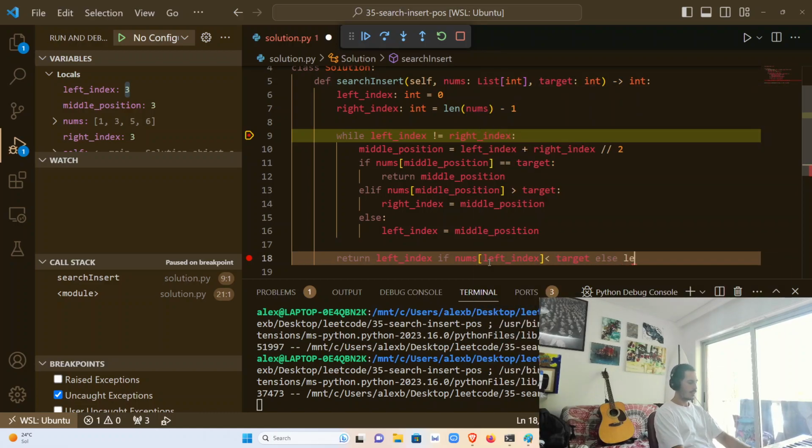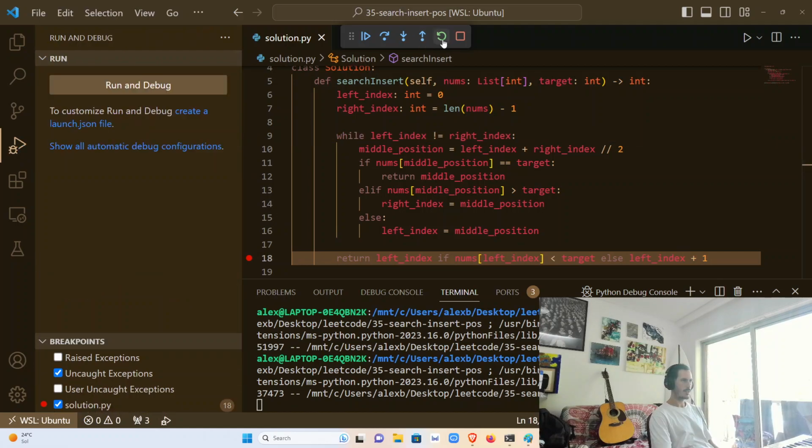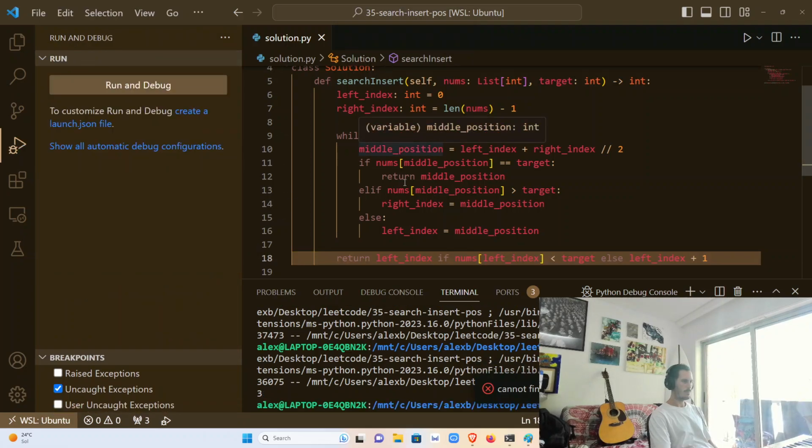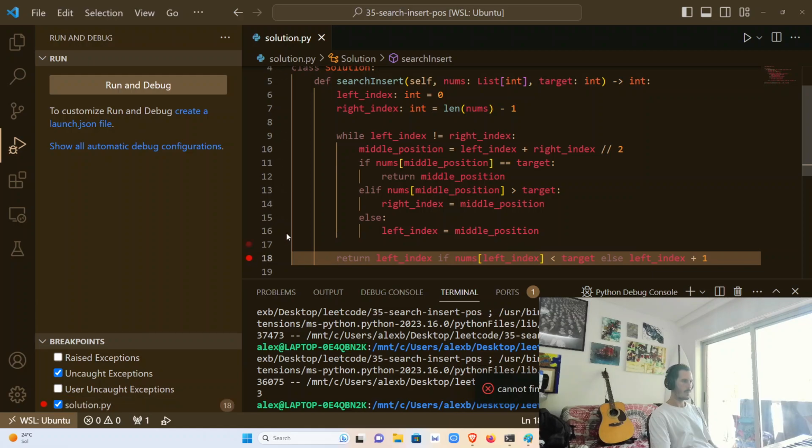Else left index plus 1. I think this makes sense. Sorry, bigger.